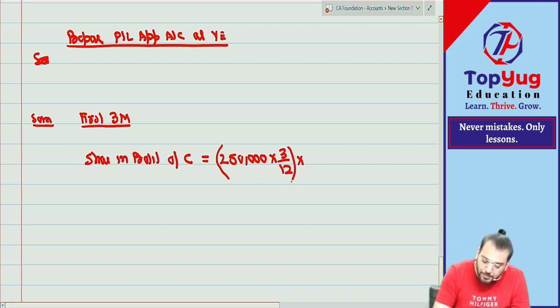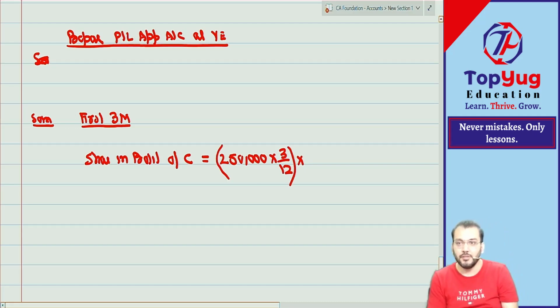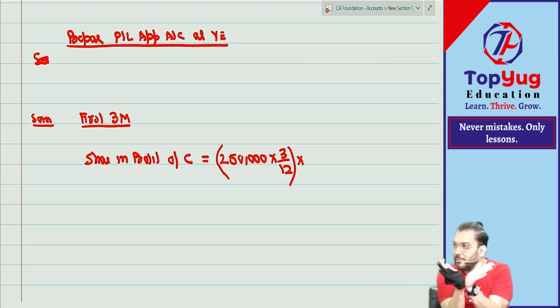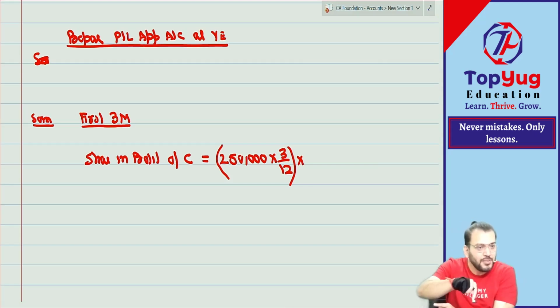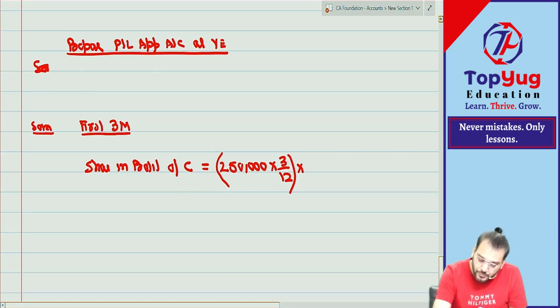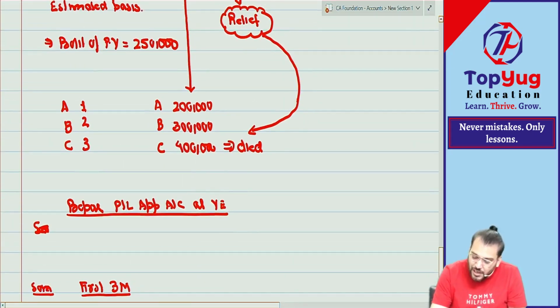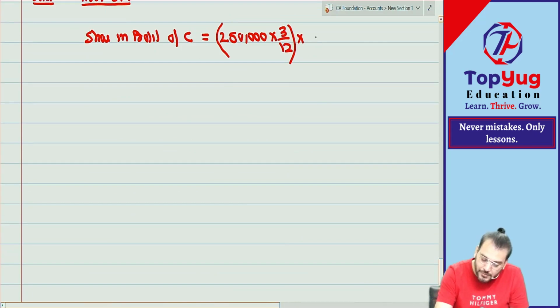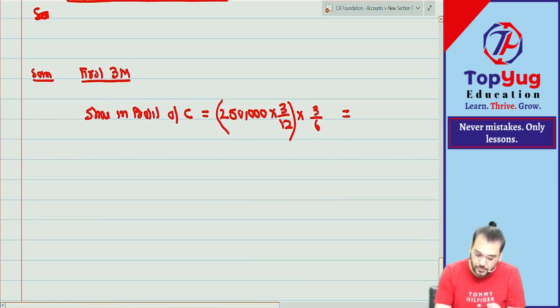This becomes 3-month profit of previous year, assuming that profit is earned evenly. Then we'll give share to whom? C. What is the profit sharing ratio of C? I've given 1 is to 2 is to 3 now. It is 3 by 6. How much? 31,250.